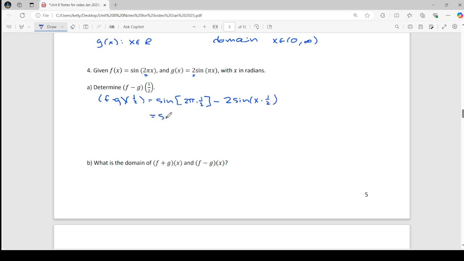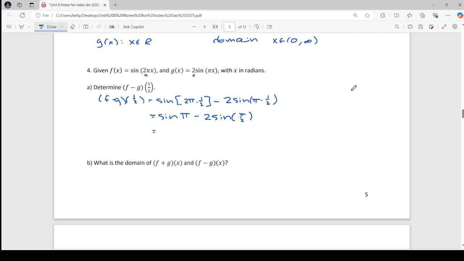Let's clean this up. 2 pi times a half is pi, so sine of pi, minus 2 times sine of pi times a half, so pi over 2.